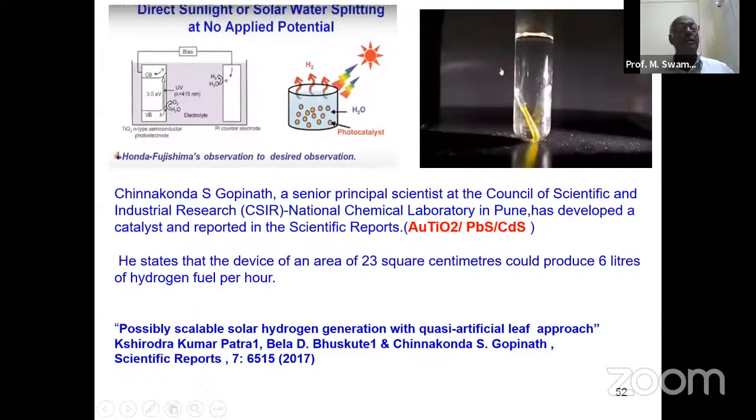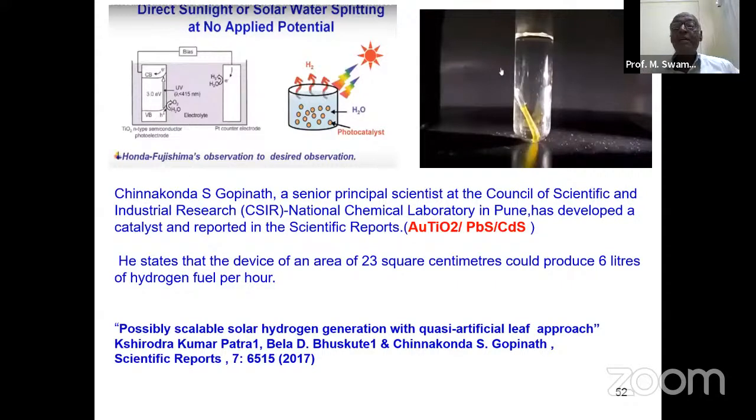And normally, if you have the facilities to measure the hydrogen and other things, and we can prepare the catalyst, then this will be very useful because, as I told you, hydrogen is going to be the future fuel for our vehicles and other things. Particularly, if you are able to get it from water, it is very, very cheap.